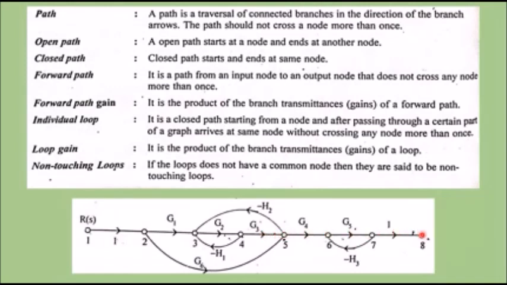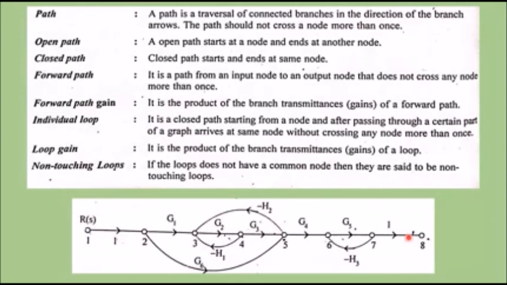So this is a path. This is also called a forward path. But this is also a path, starting from here and reaching here, and it also comes back to here. So this is also called a path.